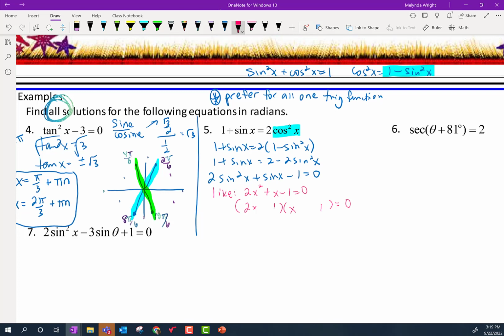The back sign is negative, which means the signs are different, so that would be plus and that would be minus. Now let me show you what we need to write: 2 sine of x minus 1 times sine of x plus 1 equals 0.